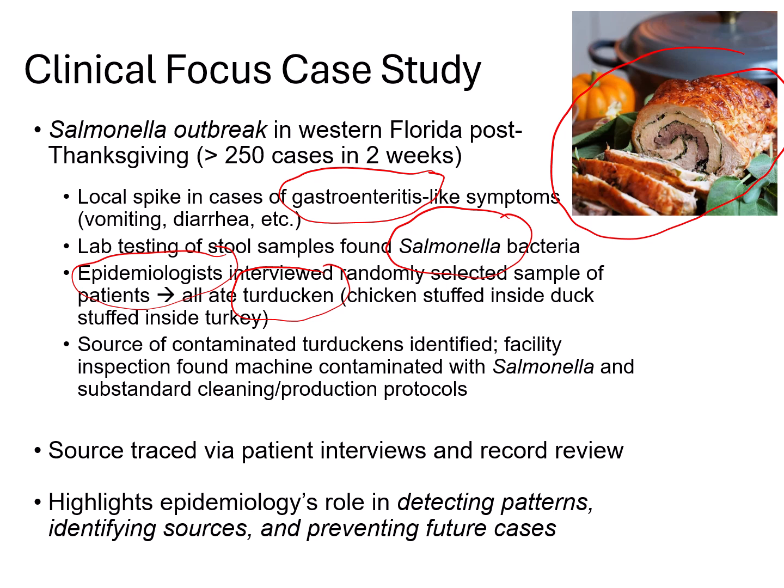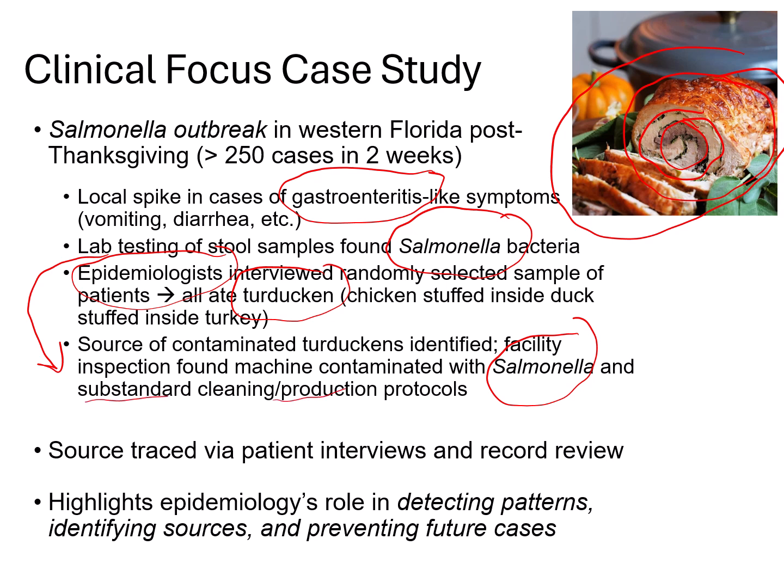Turducken is a chicken stuffed inside a duck, and that is stuffed inside a turkey. Then the epidemiologists found the source of the contaminated turduckens. It was in a facility where their machine was contaminated with salmonella bacteria. They also had substandard cleaning and production protocols.